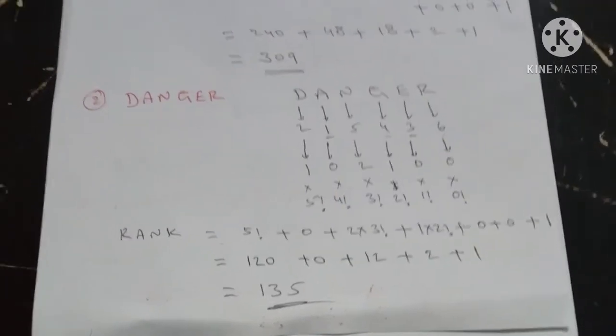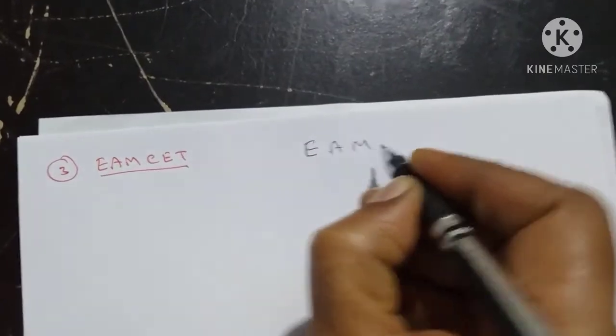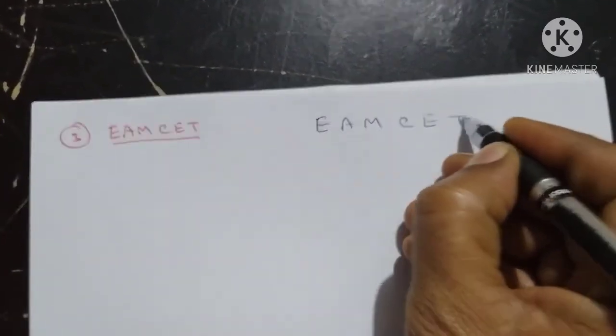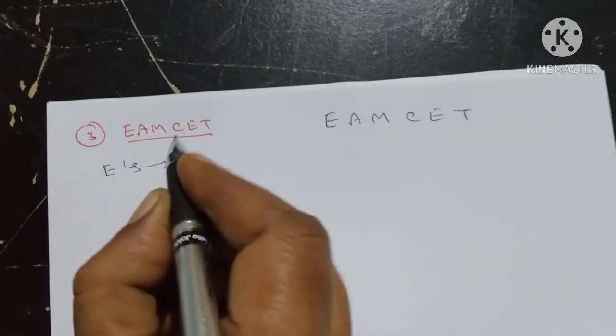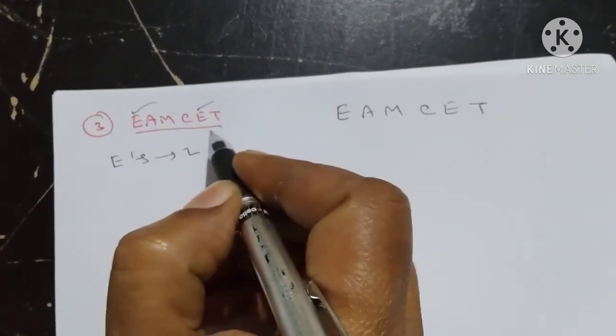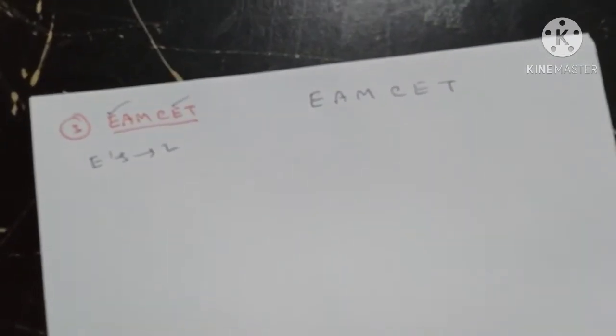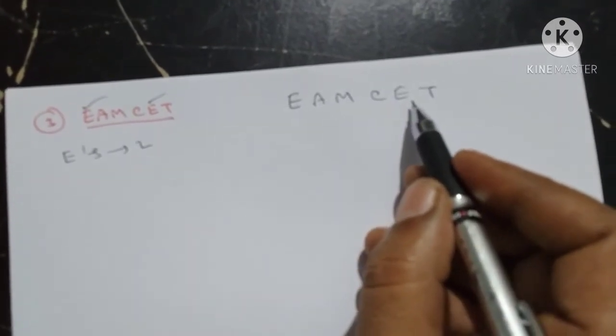Okay. Next we will go to the next one. The next one is M set. Now we will find the rank of the word M set. Write the given word. Now in the given word, E is repeated 2 times and the rest are all different. Now observe this. Give ranks to all the letters in the given word.